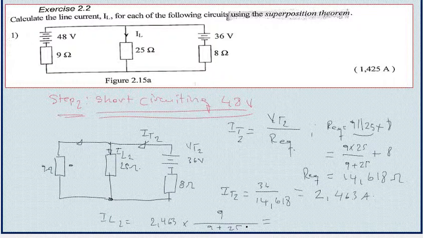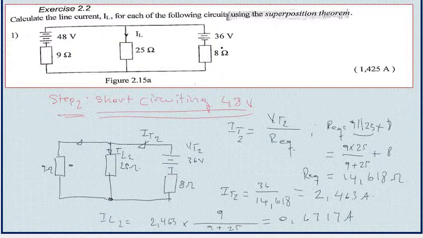So I get 0.6717 amp. That is IL2, the load current in the 25 ohm resistor.